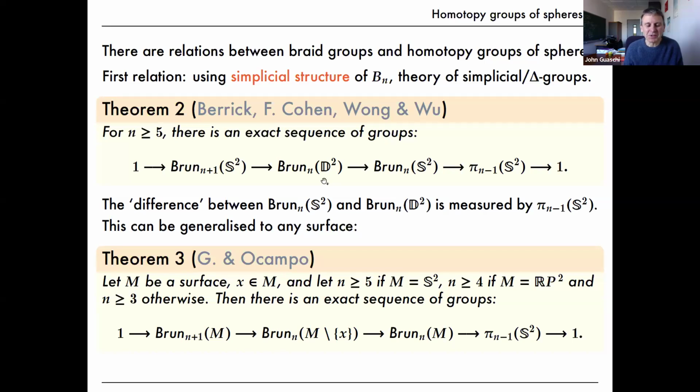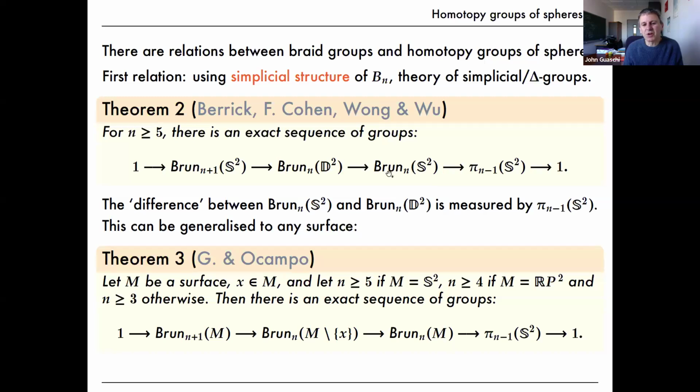And so this is the analog for braids. And so they came up with this exact sequence, which is not short. And so it is quite surprising to find a relationship between these kinds of groups and the homotopy groups of the sphere.